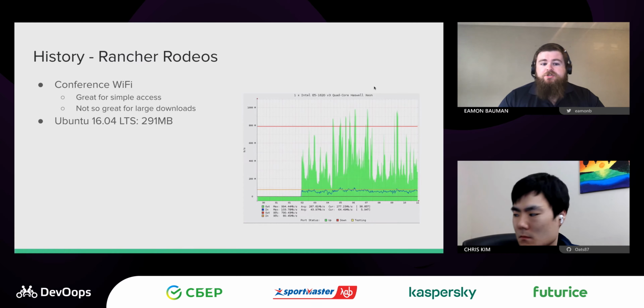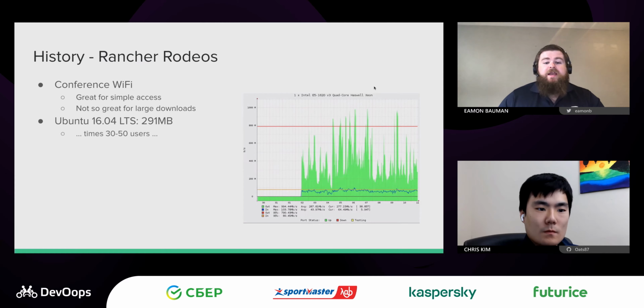That LTS image was 291 megabytes in size. Now, consider that 291 megabytes in size over 30 to 50 users, and all of those 30 to 50 users at once. Provisioning of these VirtualBox images took hours.